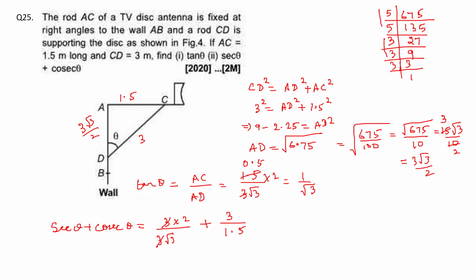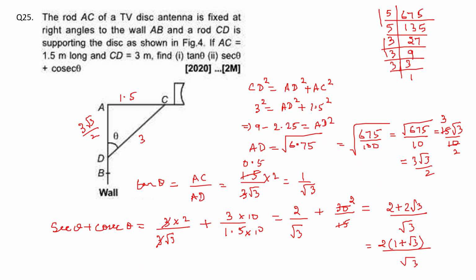So from here, if I multiply by 10, I will be getting 2 by root 3 plus 30 by 15, and 30 by 15 is 2. I can take LCM, so (2 plus 2 root 3) by root 3, and then take 2 common, so it is 2 into (1 plus root 3) by root 3. This is the answer.